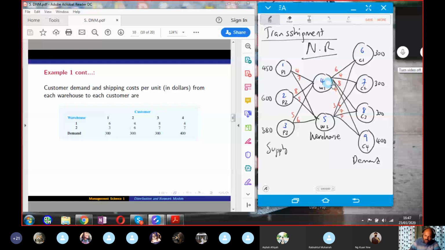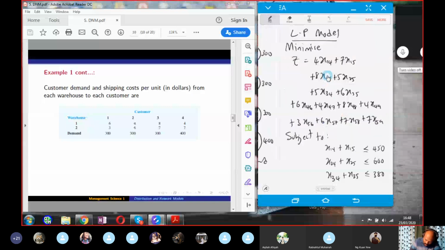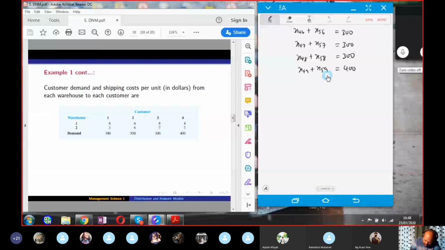So for warehouse 1, what is the quantity goes inside? x14 plus x24 plus x34 must be equal to whatever comes outside from the warehouse.